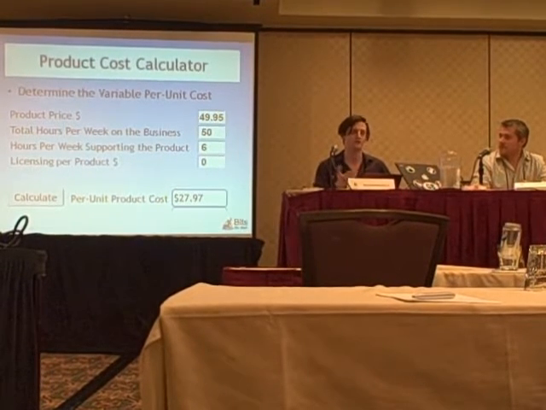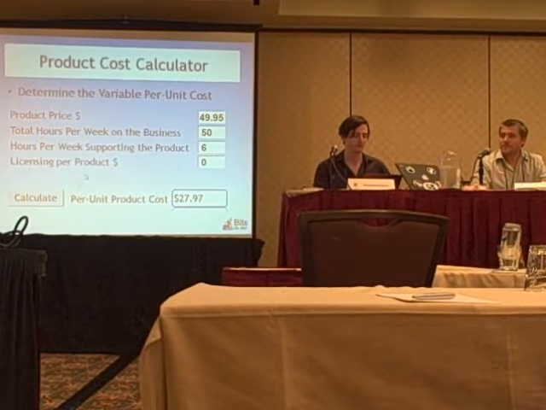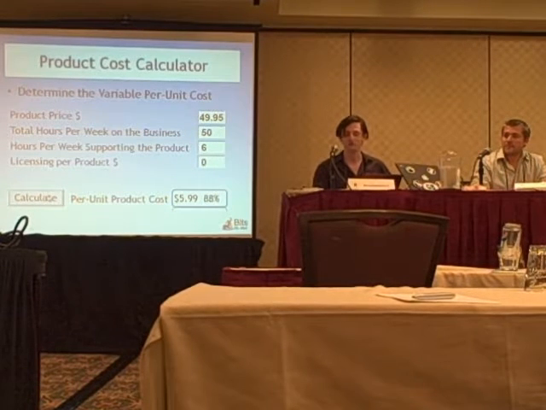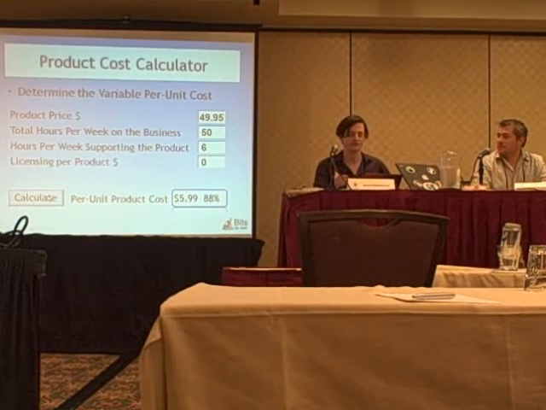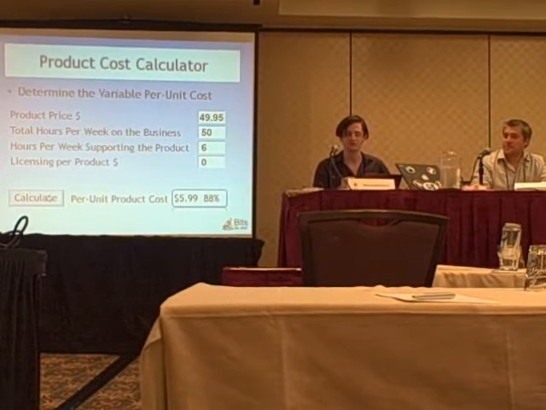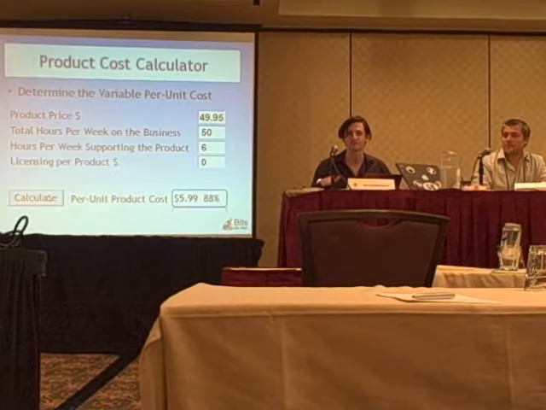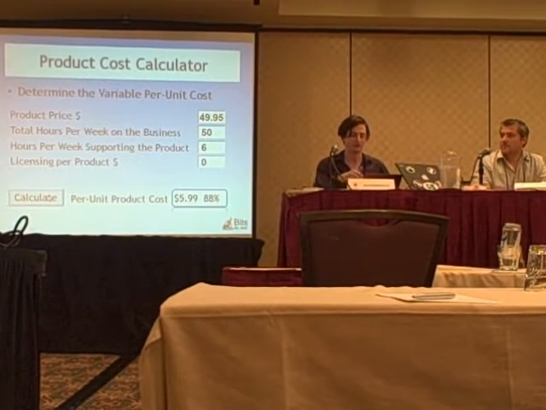It depends on your product, depends on how things are structured, but obviously you can drop things down quite low if you're a $50 piece of software. Your actual per unit cost could be as low as $6, meaning you could discount it to 88% and break even. And I encourage people to think through your numbers as well.